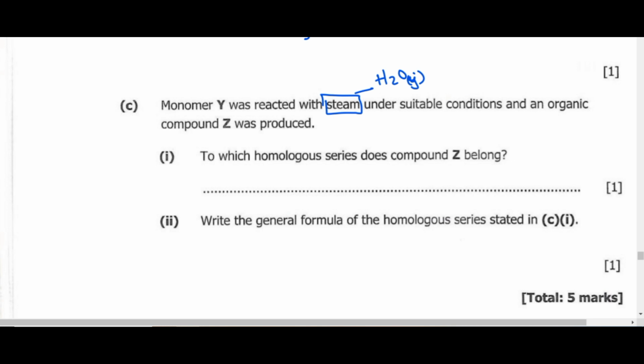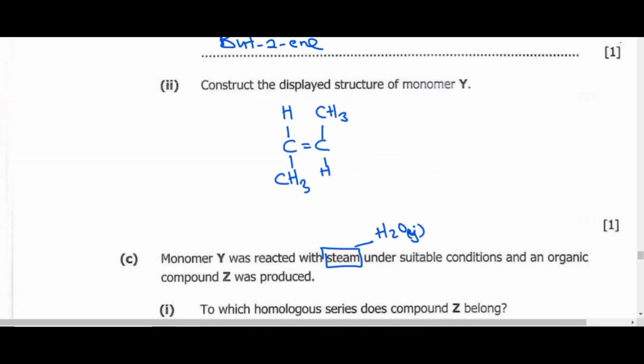So now you'd find that once this Z was produced, monomer Y, which we can say is butane, reacted with H2O. So now what are we going to have? You'd find that because we have hydrogen here and we have oxygen here, we are going to have hydroxide produced.